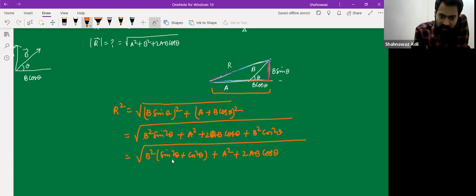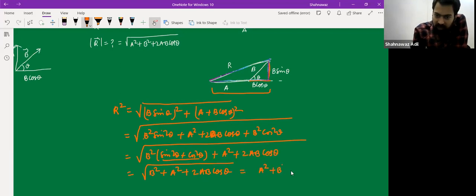So this would be how much? Sine square theta plus cos square theta is 1. So this is B square, A square plus 2AB cos theta. And when you rearrange this, so this would be how much? A square plus B square plus 2AB cos theta, right?